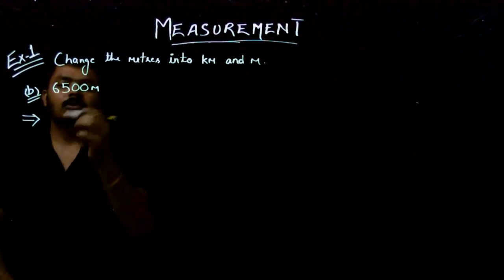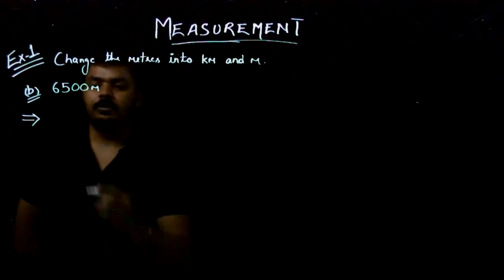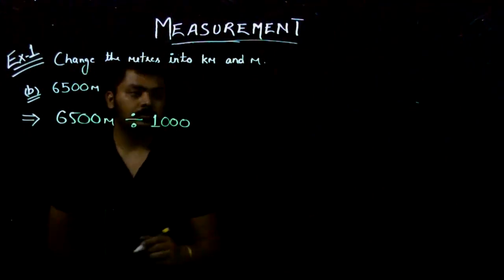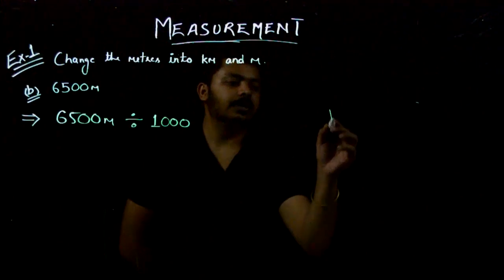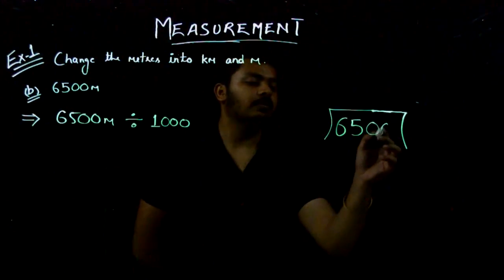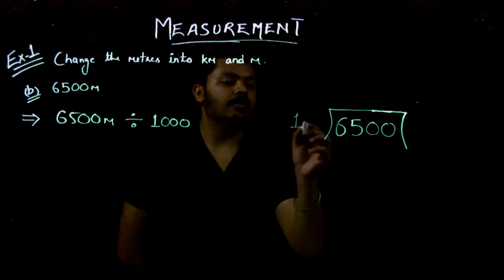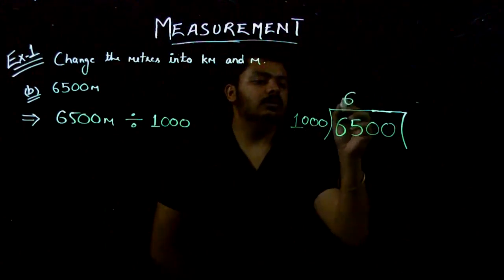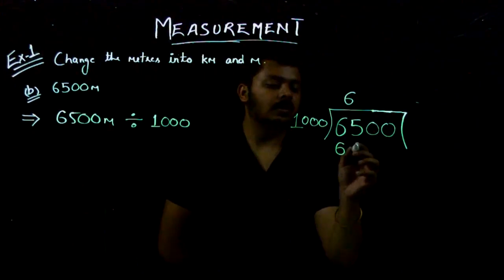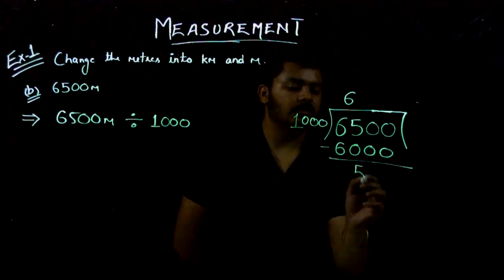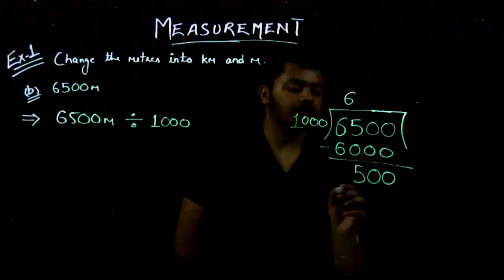Now let's look at part B, 6500 meter. So again, to convert it into kilometer and meter, divide it by 1000. So let's do division here. 6500 divided by 1000. So 1000 6 are 6000 and remainder is 500.